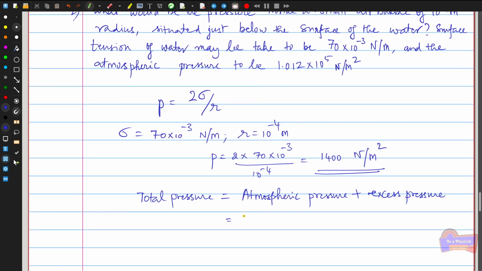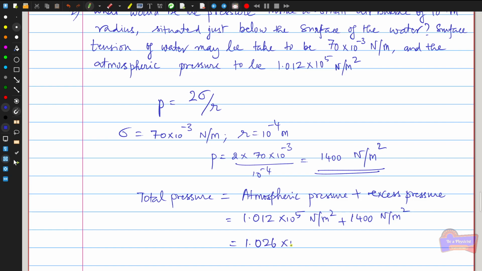So the atmospheric pressure is 1.012 into 10 power 5 Newton per meter square, plus the excess pressure we have calculated, 1400 Newton per meter square. So the final value is equal to 1.026 into 10 power 5 Newton per meter square. This is the total pressure of the small bubble.